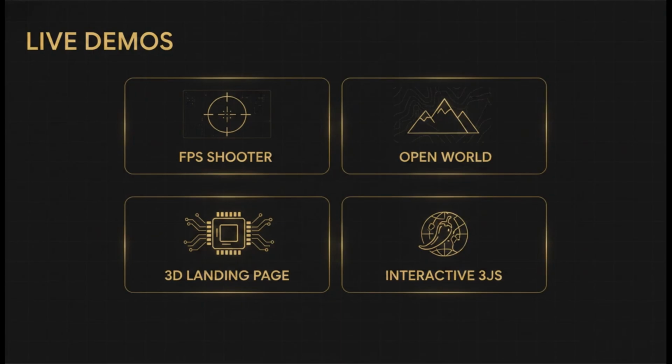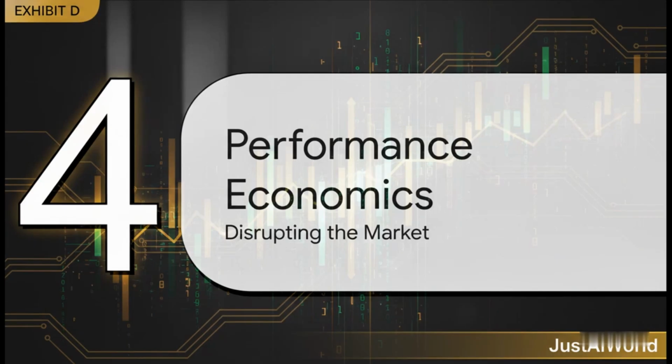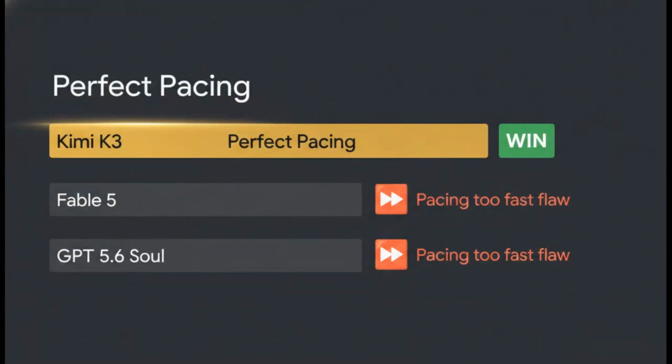It also created a hyper-realistic 3D NVIDIA GPU landing page with scroll triggers, an interactive 3JS chili pepper that literally splits open on scroll to show the seeds inside, and an isometric virtual MacBook room featuring a working windowing system. It is exhibiting absolute Fable 5 level capabilities, but doing it entirely in an open-weight form.